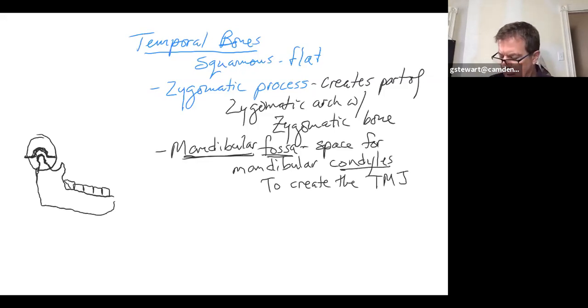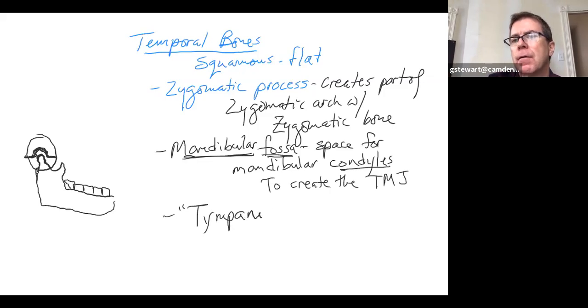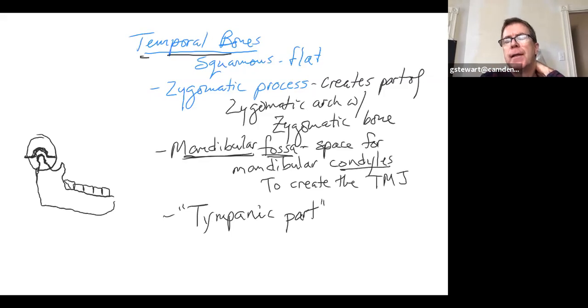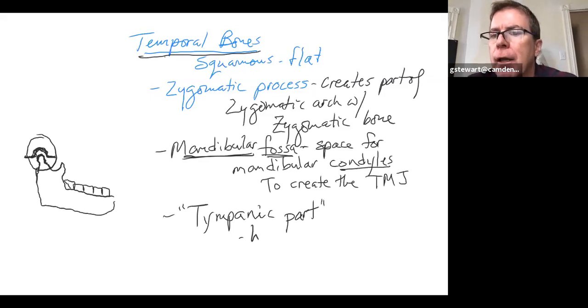The tympanic part of the temporal bone refers to where the hearing mechanism is located. So the tympanic section or part of the temporal bone is where the hearing anatomy is.